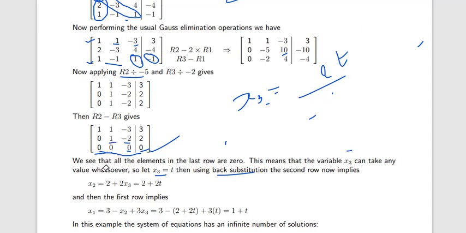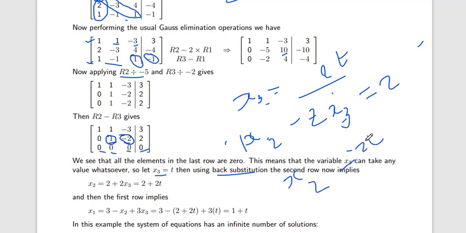How do we apply back substitution? Here 1 x2 minus 2 x3 is equal to 2. The second column is a multiple of x2, the third column is a multiple of x3. So x3 is equal to t, so x2 minus 2t is equal to 2. Here we get x2 is equal to 2 plus 2t.